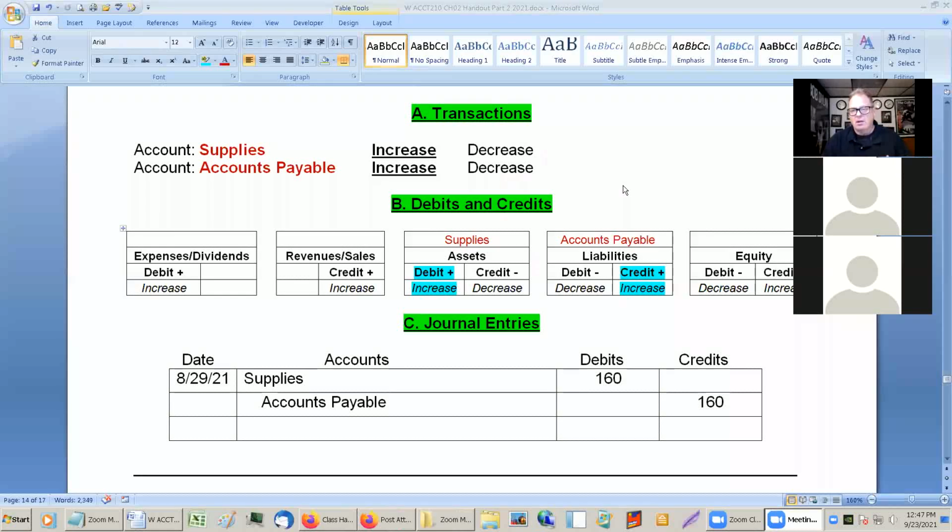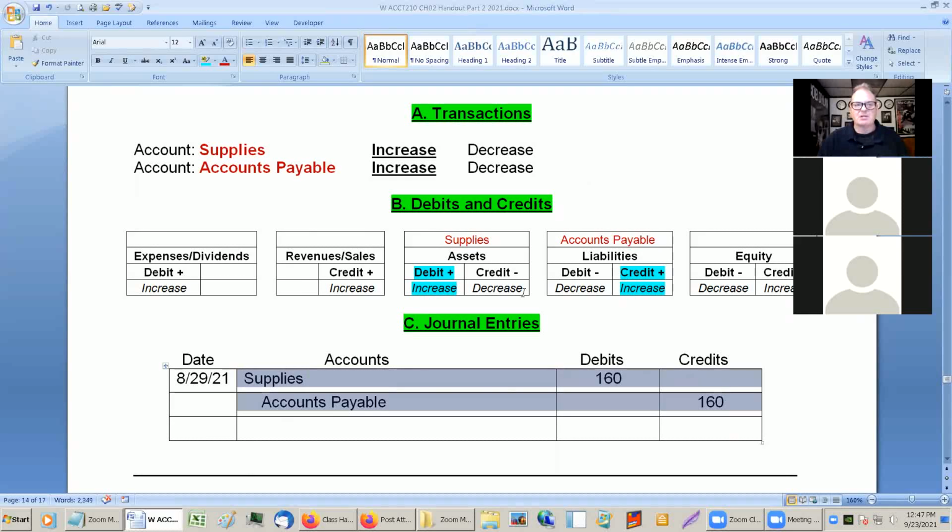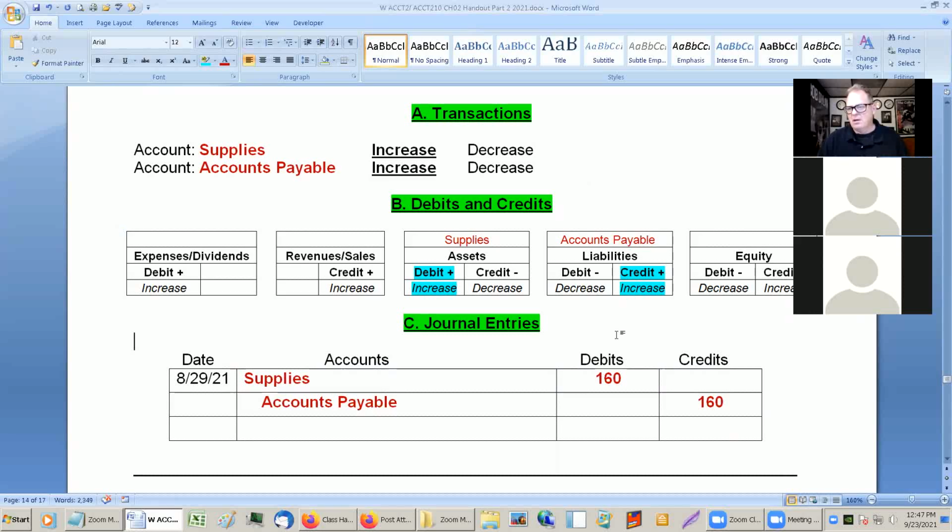But yeah, for routine things like this, you're going to buy stuff every day. You have people you deal with. So this would probably be set up in some kind of special journal. Doesn't have to be, but a lot of times it will be just because it's easier and quicker.